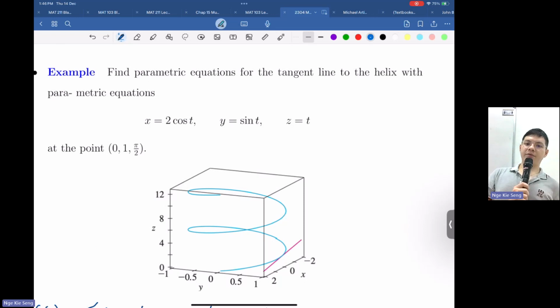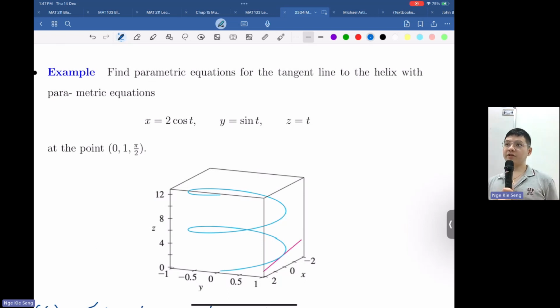Okay. You are given the helix. You want to find the tangent line at that point. So what should you do? How to find the tangent vector at that point? Just now I told you how to find a tangent vector or tangent line at every point, right?